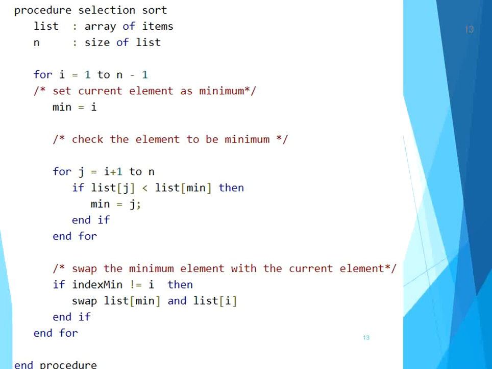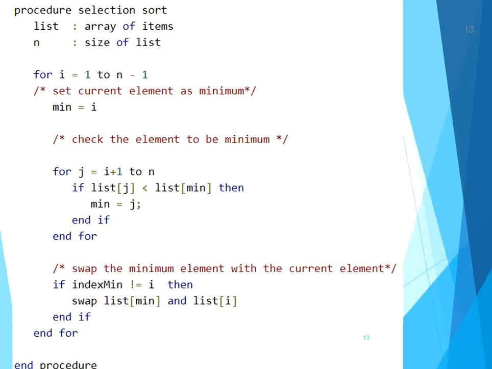Then we set the current element as minimum. So the current element is at position 0, and we represent it with i. So the first element will be the minimum. Then with j, we set j as i plus 1.